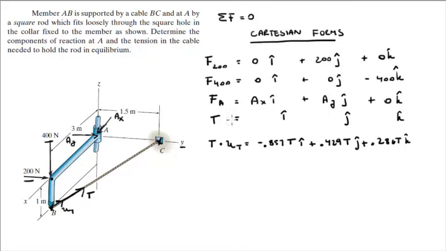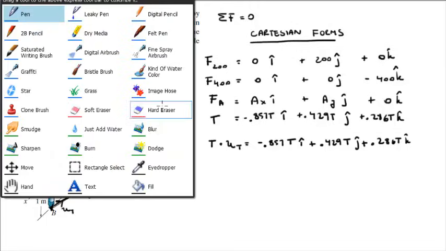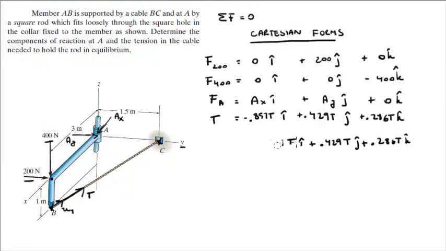And you just copy the same thing up there. Negative 0.857 T in the i, plus 0.429 times T in the j, plus 0.286 times T in the k. Let me erase this thing in the bottom. You just copy it twice.